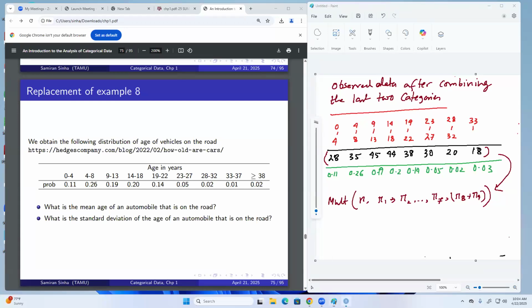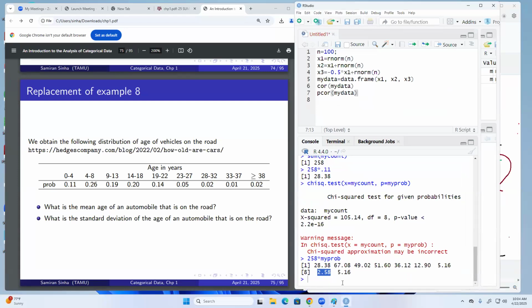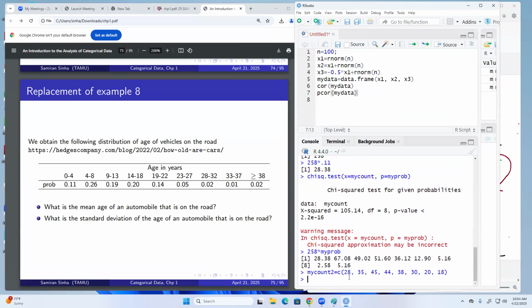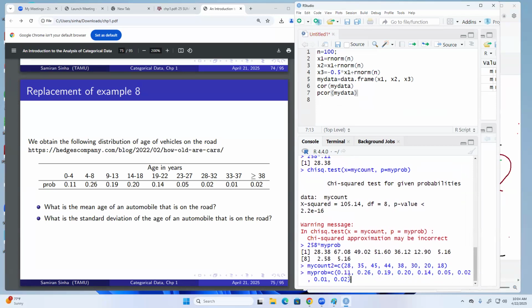Now let us do that calculation again. Let us carry out the test. The new probabilities: my count. So this time, call it my count 2, where I combine the last two categories, and my probability 2, and it will be 0.03.